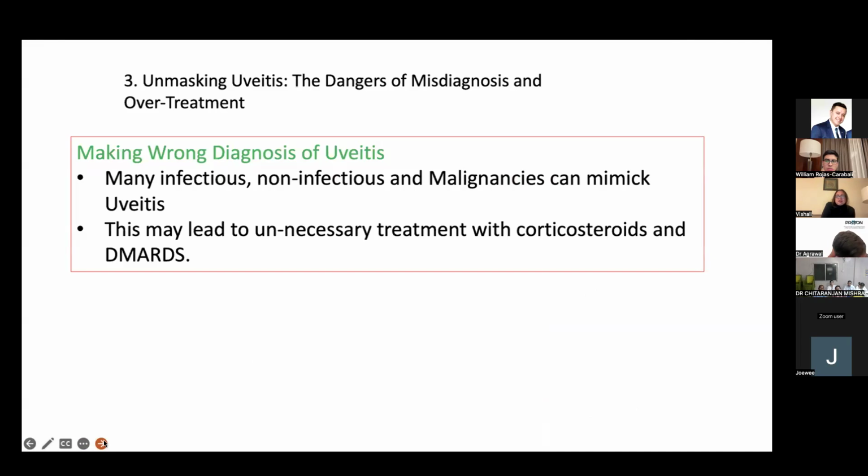The third role which peripheral imaging can play is in unmasking uveitis. We all understand there are dangers of misdiagnosis as well as dangers of overtreatment. So, how do we make the wrong diagnosis?